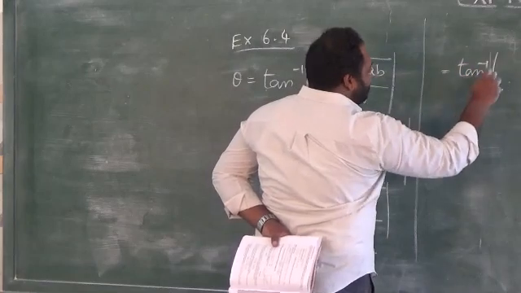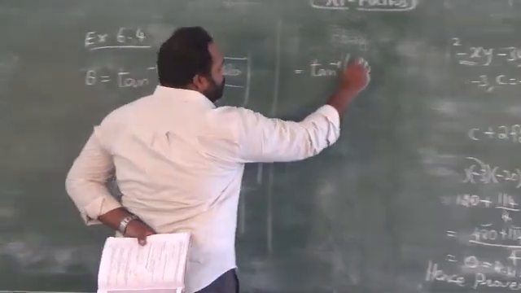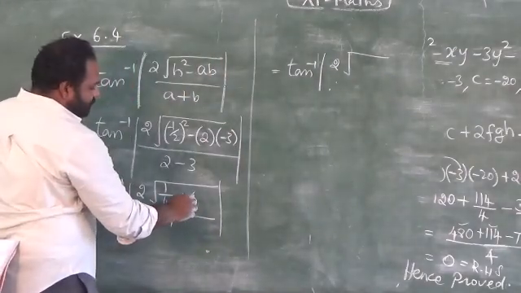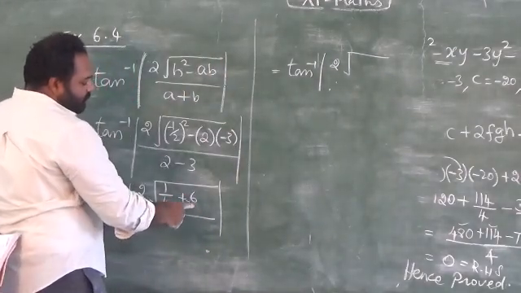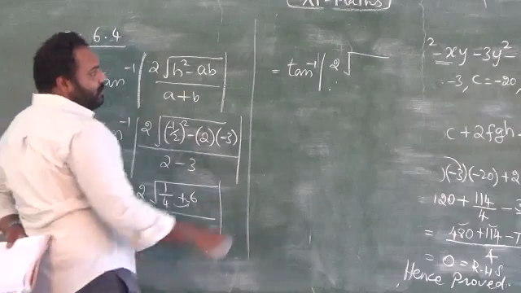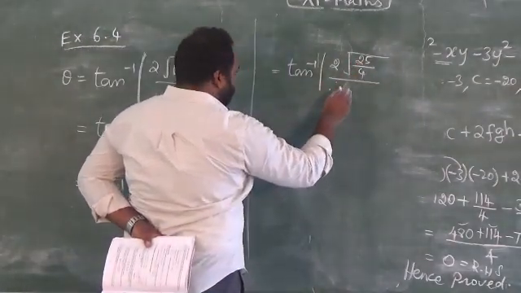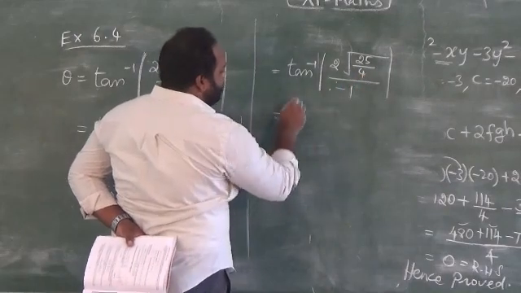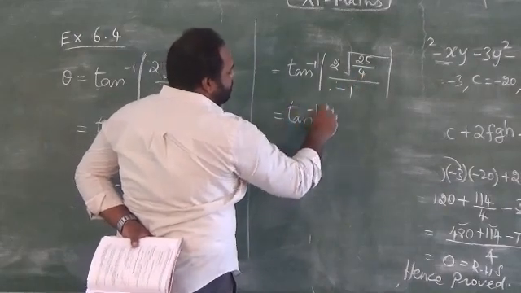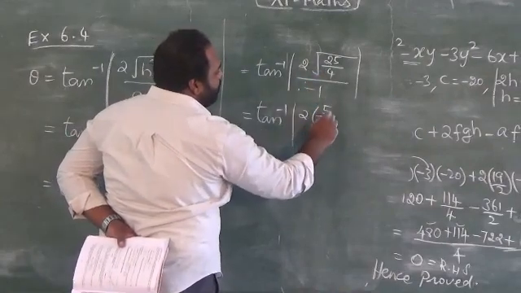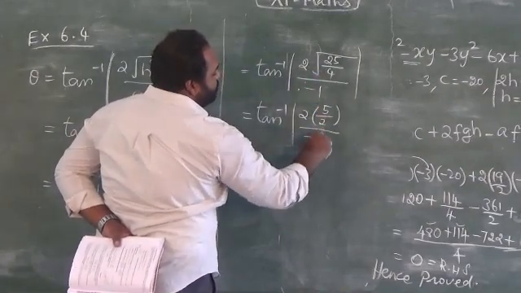tan inverse modulus 2 into root of, cross multiply this, 4 into 6 24 plus 1 25 by 4 by minus 1. So still we have a simplification, 2 into, if I take square root, numerator 5, denominator 2 by minus 1.